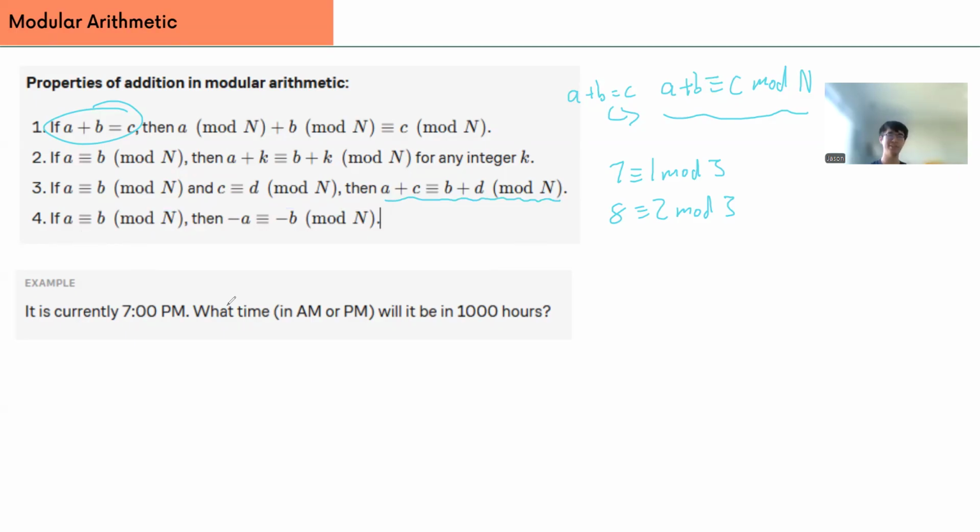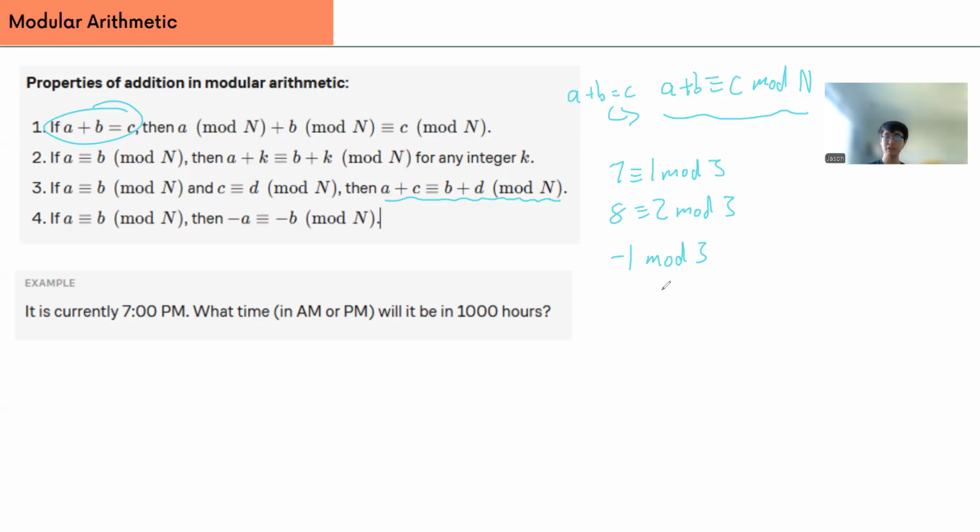But this raises a question. Do negative remainders make sense? Well, we actually define negative remainders like so. So for example, let's say we want to find -1 mod 3, right? A lot of questions use this -1 property, so it is very important that we define negative numbers here as well.